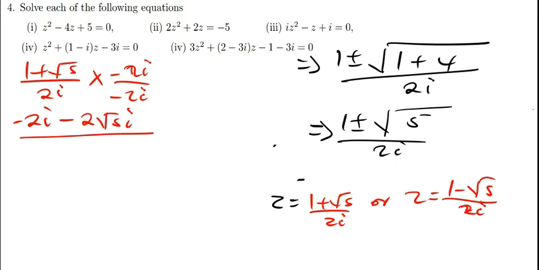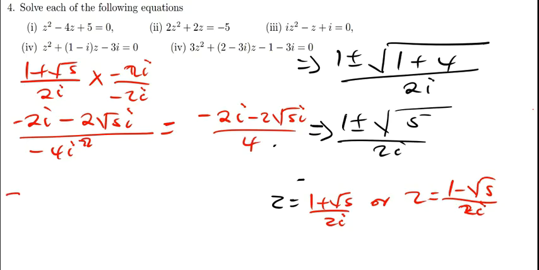Then we divide this by, there you just square the one having negative, meaning it's negative 4i squared. So we end up having negative 2i minus 2 root of 5i divided by, this is going to be negative 4 times i squared, which is negative 1. Negative 1 times negative, so I'll have positive 4.